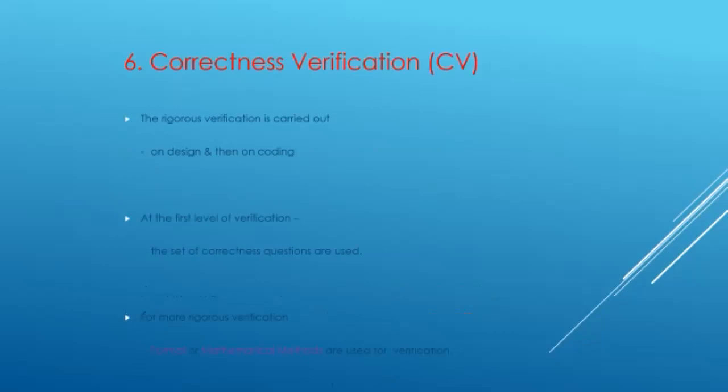Correctness verification. Rigorous verification is carried out on the design and then on the code. At the first level of verification, a set of correctness questions is used. For more rigorous verification, formal or mathematical methods are used.